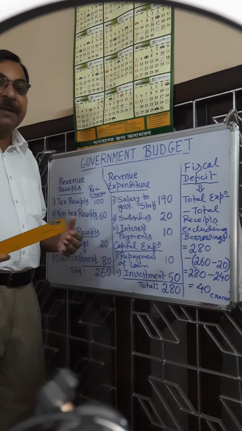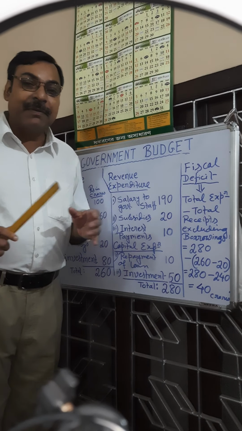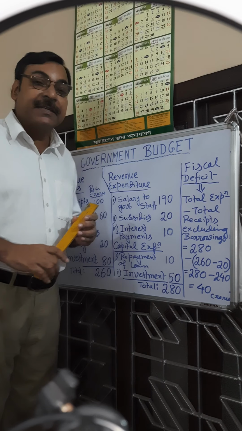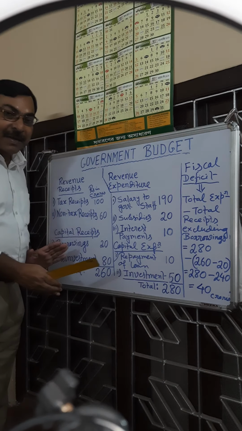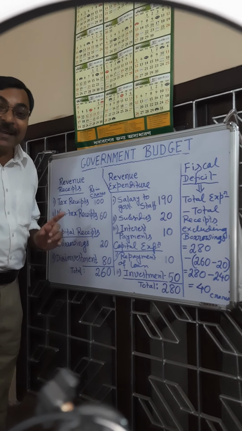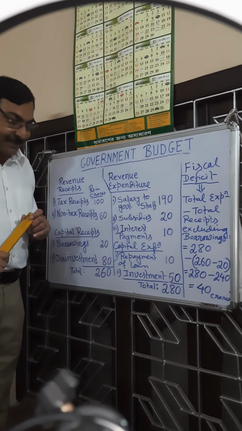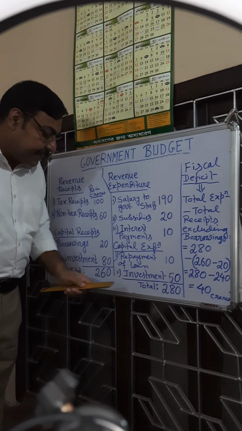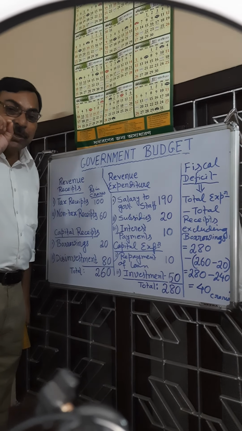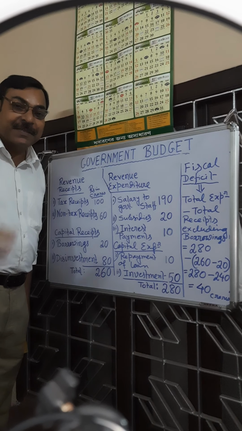If government expenditure is more than total government receipts, that budget is called a deficit budget. So this simple model reflects a deficit budget. What is that deficit? 280 minus 260, 20 crores is the deficit.